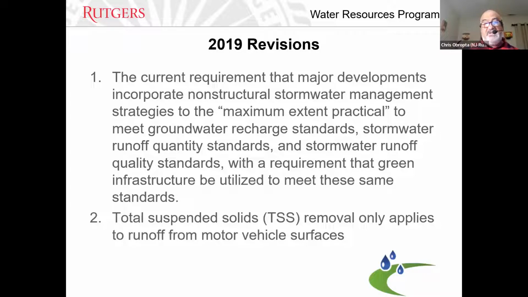So there was really no easy way to tell if people were complying with this non-structural stormwater management strategy requirement. So what DEP said, well, instead of doing that, why don't we make people use green infrastructure, and that'll be kind of a way around that. Okay. And then the other one is they applied the total suspended solids to motor vehicle surfaces only, whereas before it used to be rooftops and other impervious surfaces, but now it's just for motor vehicle surfaces.